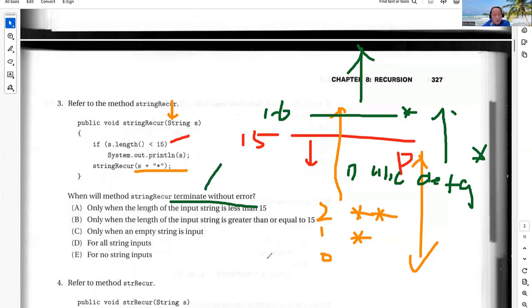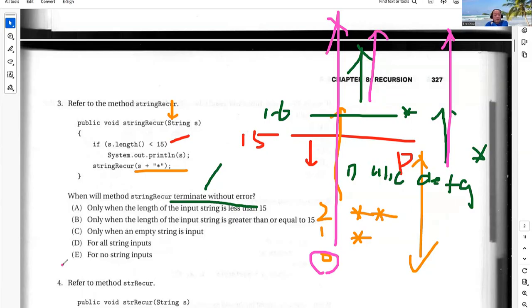No characters, you will shoot to the loop, never stop. 7, you will shoot to the loop, no stop. 16, you will also shoot to the loop, never stop. So for no input, no string input, that will stop. It's actually E. We already did the analysis right here.